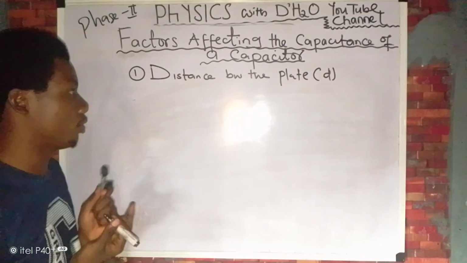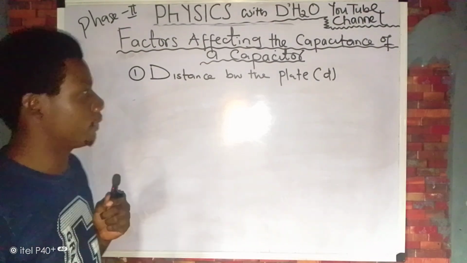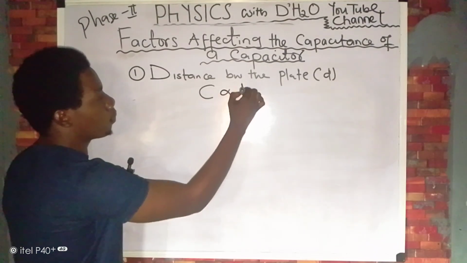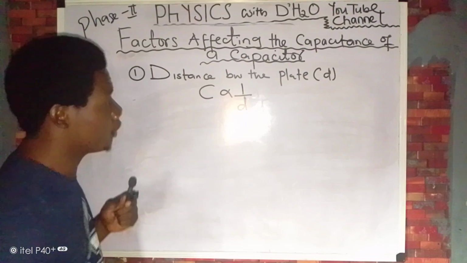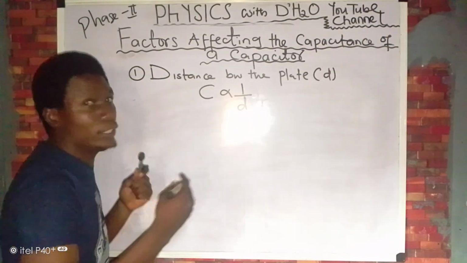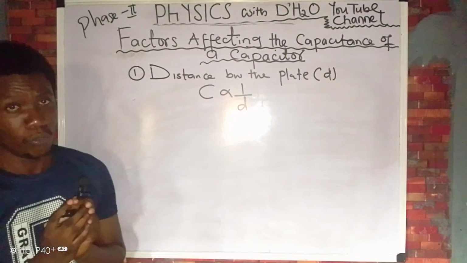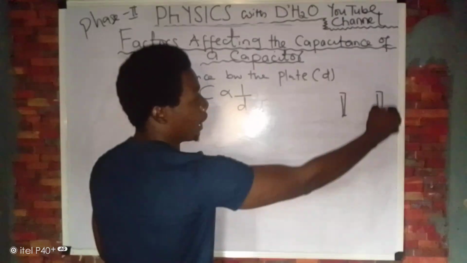Now, what is the relationship between the distance between the plates and the capacitance? The capacitance is inversely proportional to the distance between the plates. What does that mean? It means that when the separation is large, the capacitance will be very small. For instance, this is one of the plates and this is the other plate.